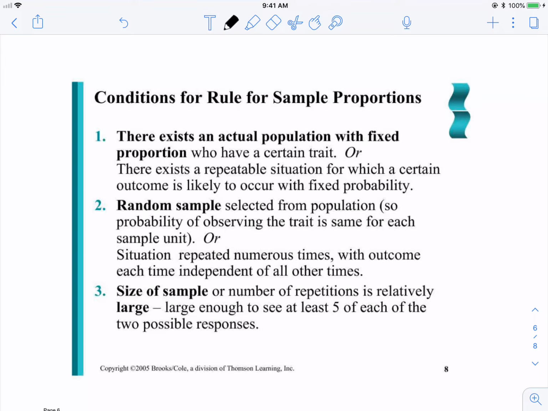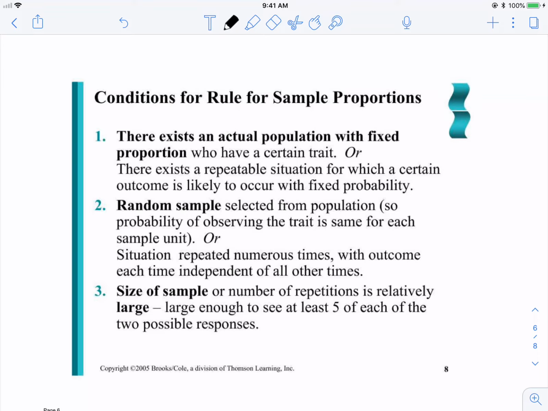And really, you'd like to make sure that for every problem you have, you satisfy these conditions. Kind of like what we saw with some of the probability questions, where if you don't know that you have selections that are independent of each other, then you can't use those equations. Same kind of thing here. You need to know that these conditions are met in order to use these equations.